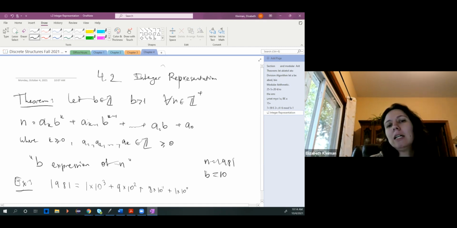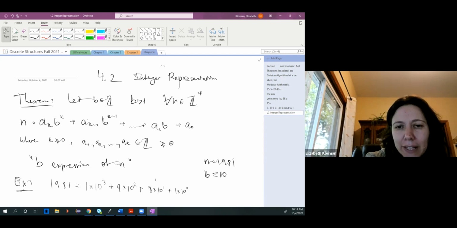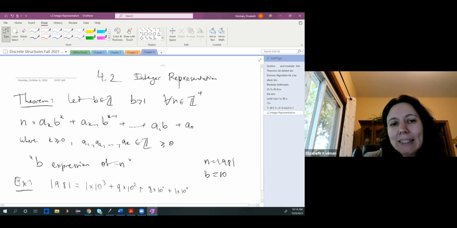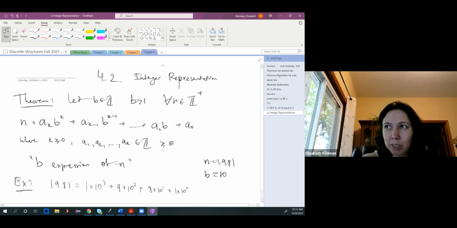So this is interesting because I can do it for any number B. So we can do something very similar and represent 1981 as an expansion of, for example, 2s, okay? Or 16s, or any other number.